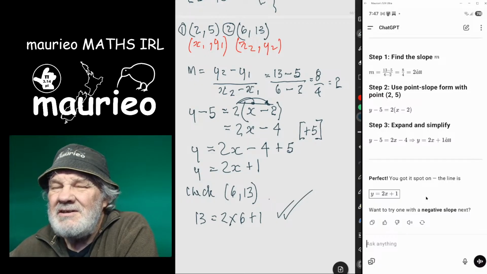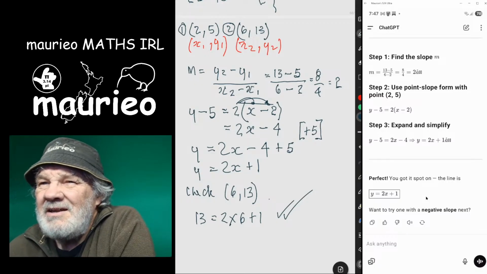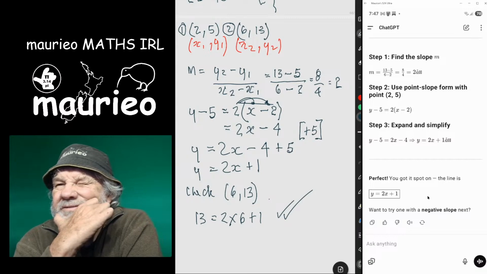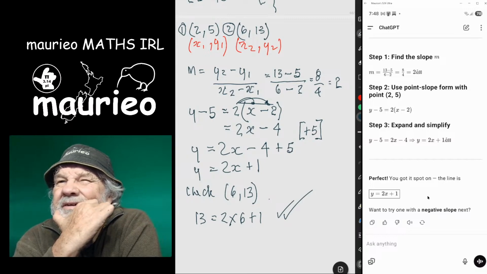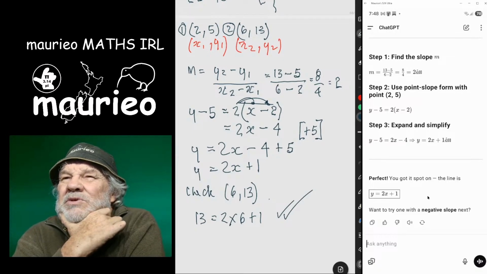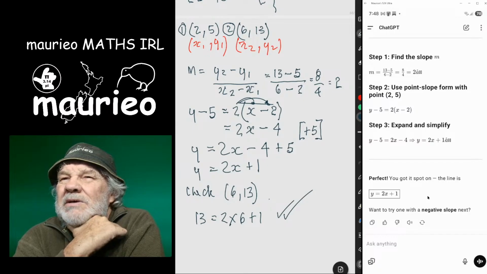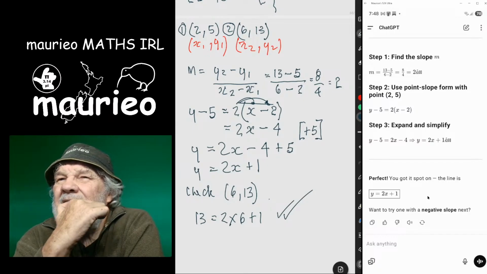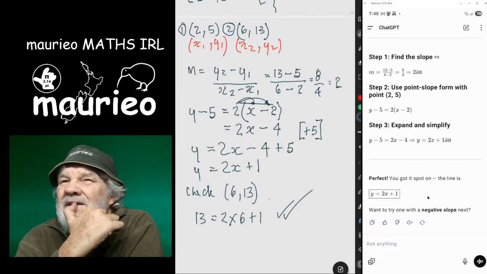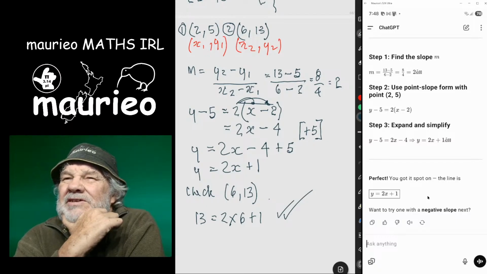Perfect. I don't know what that little symbol it's got over the 2 is, but I think that might be something to do with grade.